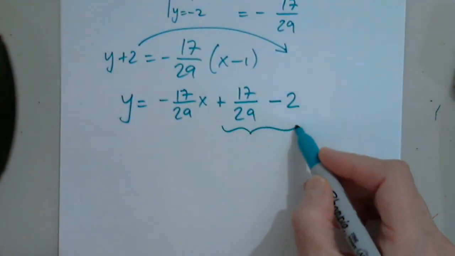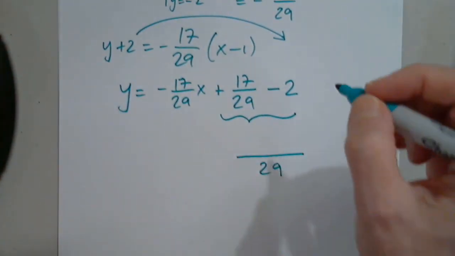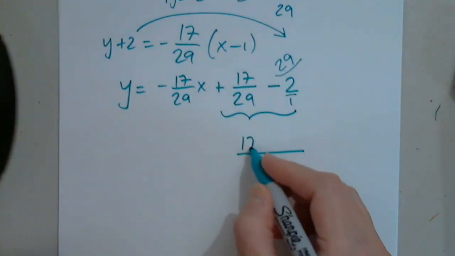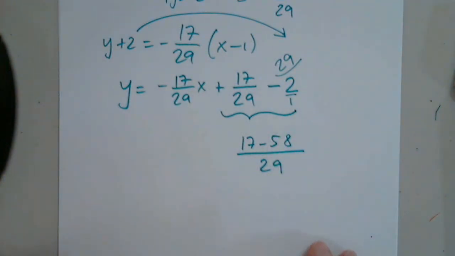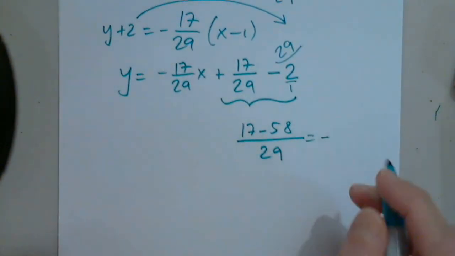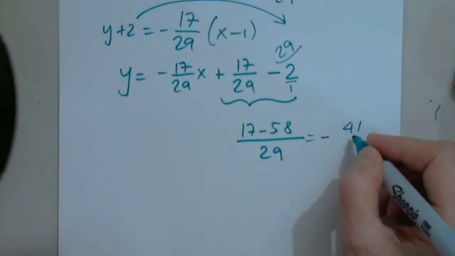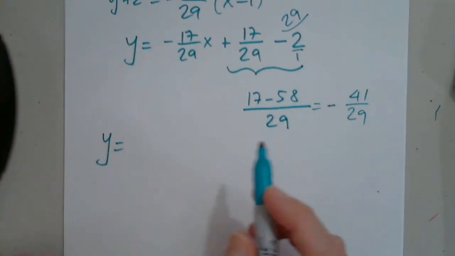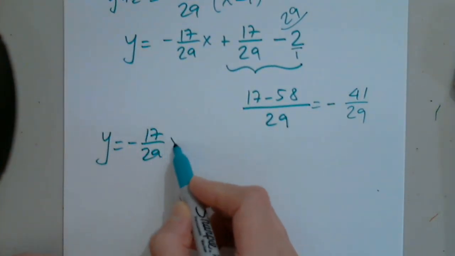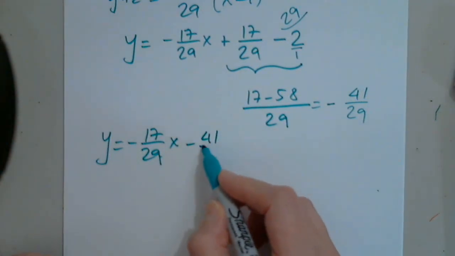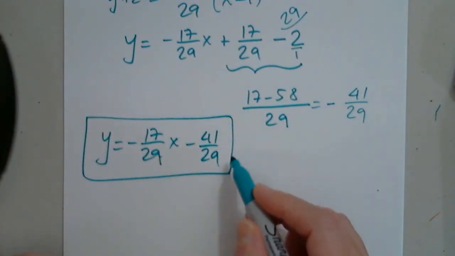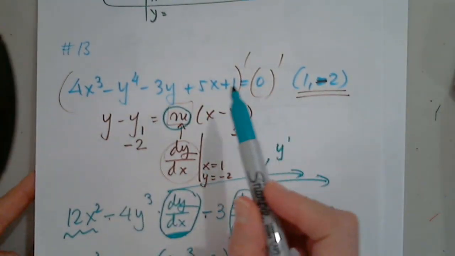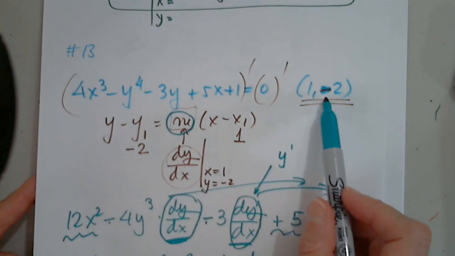I have to find the least common denominator, which we know is 29. I need to multiply this by 29 because it's over 1. So here we have 17 minus 58. 17 minus 58 is a negative number, and I think it's 41 over 29. So the final equation is y equals negative 17 over 29 x minus 41 over 29. Please make sure that I'm correct. What does this represent? It represents the equation of the tangent line to the graph of whatever that is at this point.